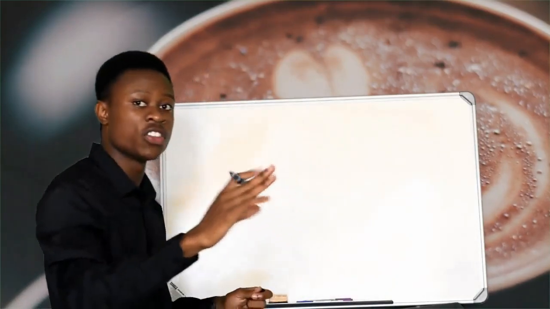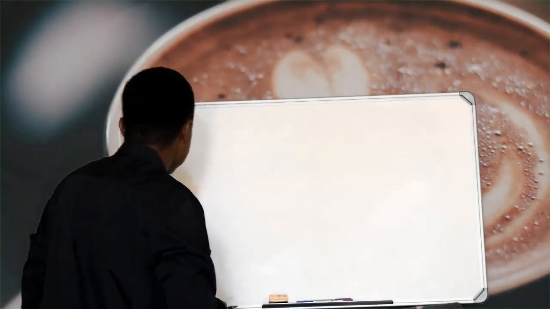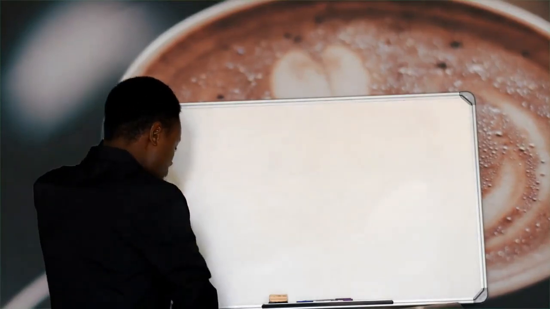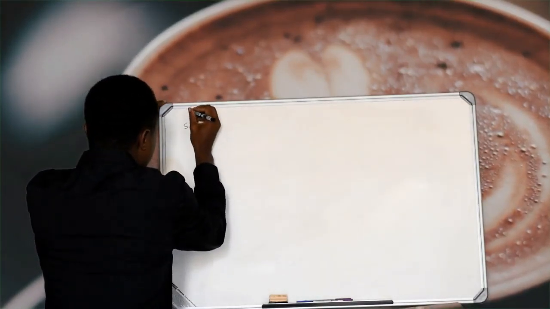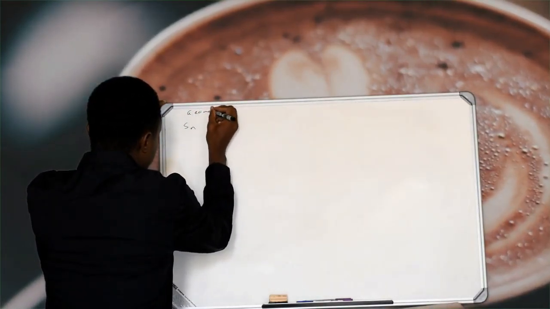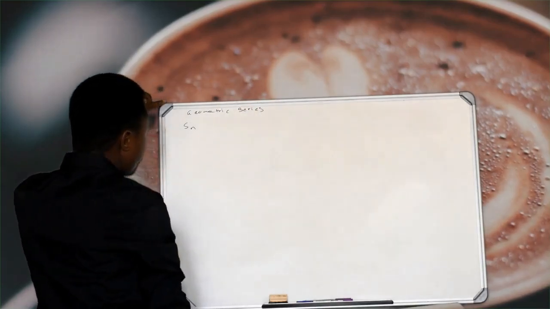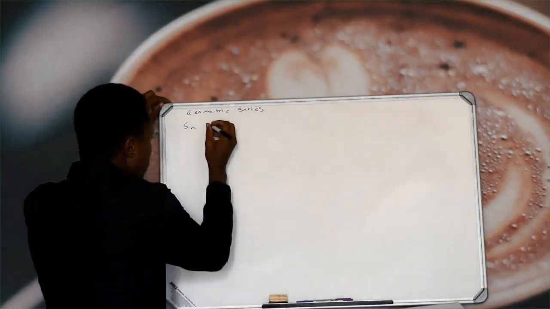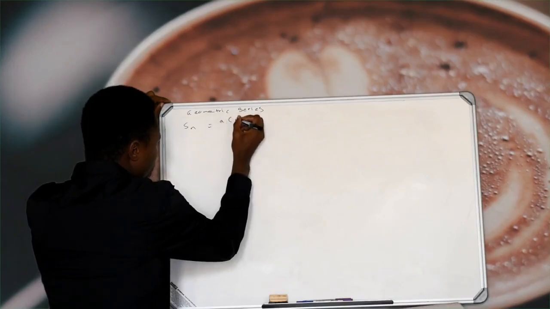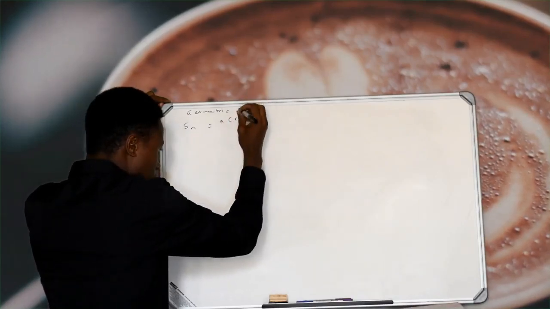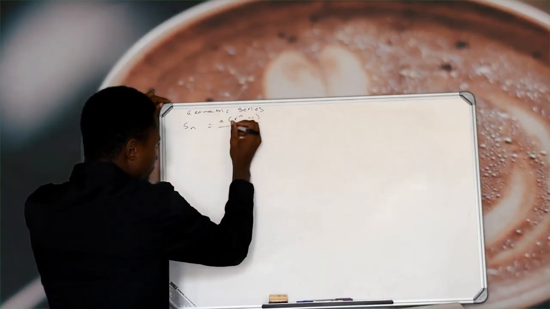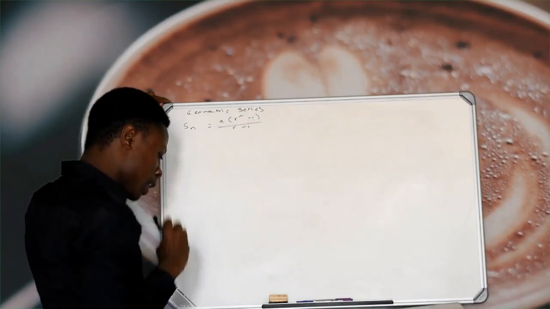So let me write down the general formulas that we'll be using for geometric series. Sn is equal to a(r to the power of n minus 1) divided by r minus 1, right? That's the formula.